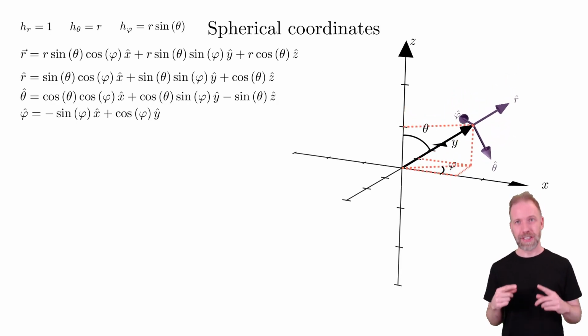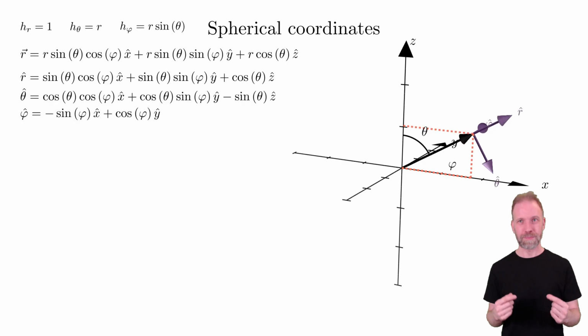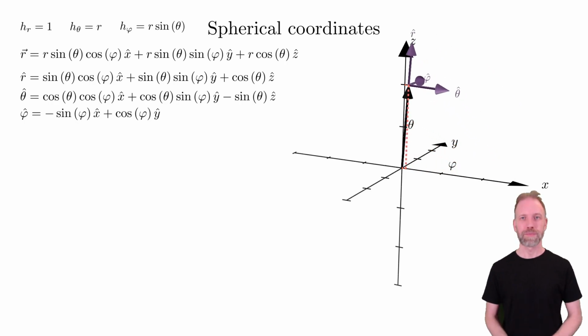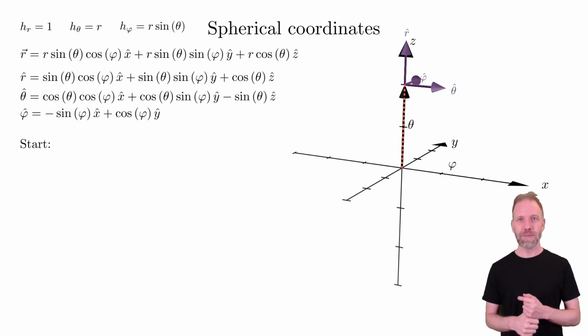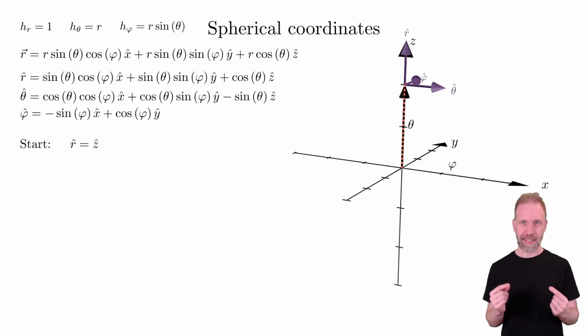This time we will do it using only rotations. Let's start from the case where phi is 0 and theta also is 0. At this position, r hat is z hat, theta hat is x hat, and phi hat is y hat.